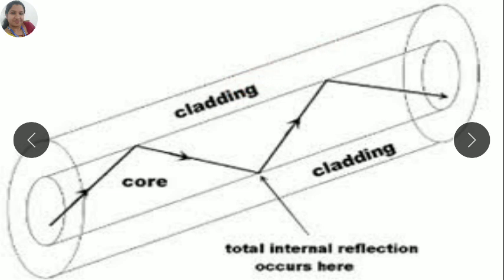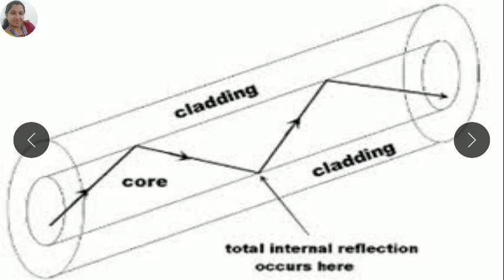The refractive index of the core is represented by n1, and the refractive index of the core is always greater than the refractive index of the cladding.